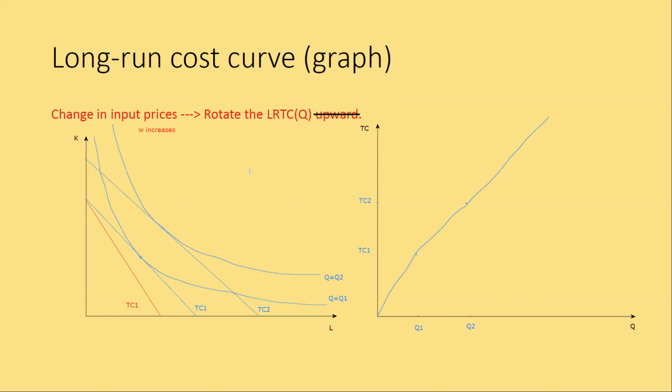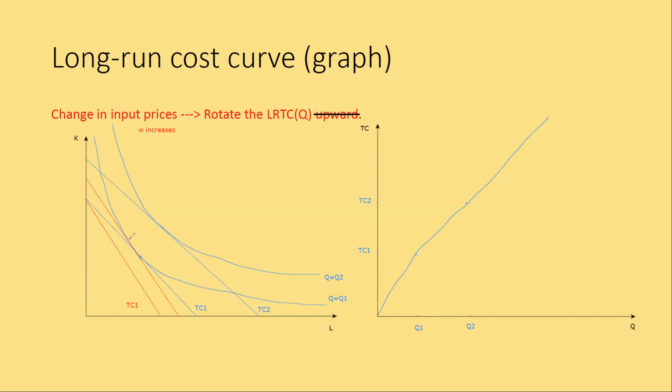The firm is still going to solve the cost minimization problem when it produces Q1 units of output. How does the firm do it? Again, it finds the isocost line that is tangent to the isoquant. The new point is probably going to happen here.